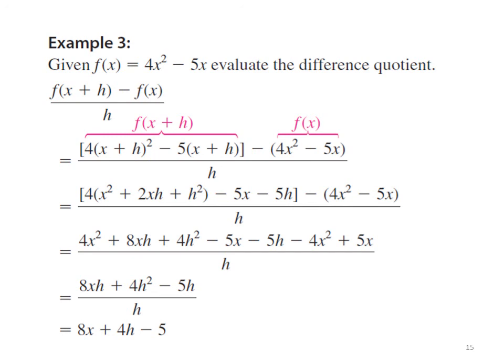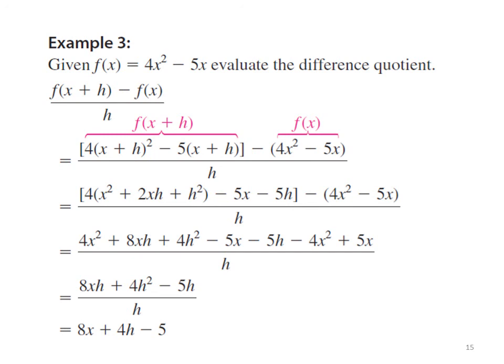So here we want to evaluate the difference quotient for the function f of x equal 4x squared minus 5x. Starting with the formula for the difference quotient, we want f of x plus h minus f of x divided by h. So the first step is to evaluate the function f at x equal x plus h.